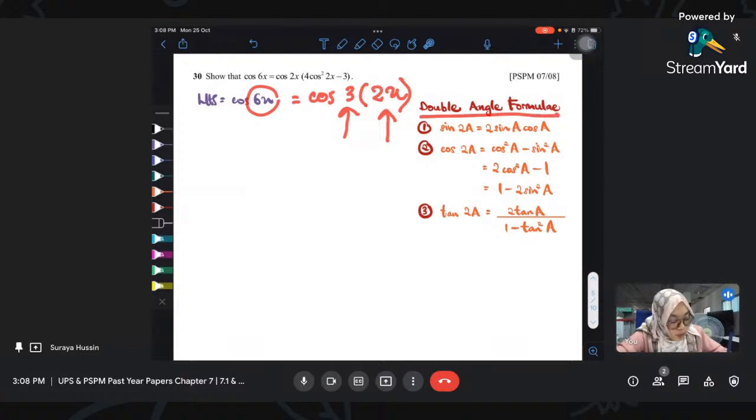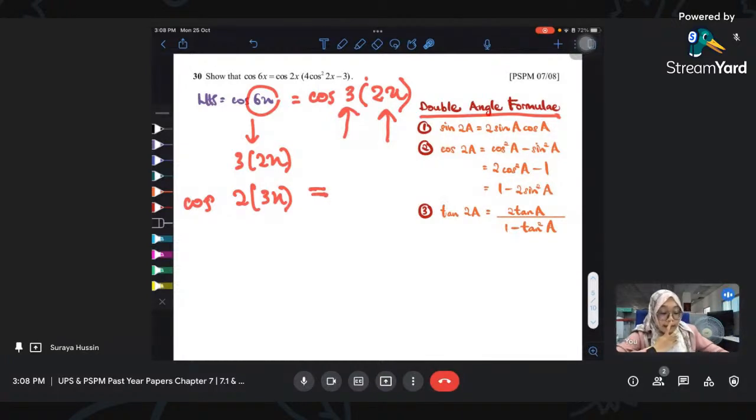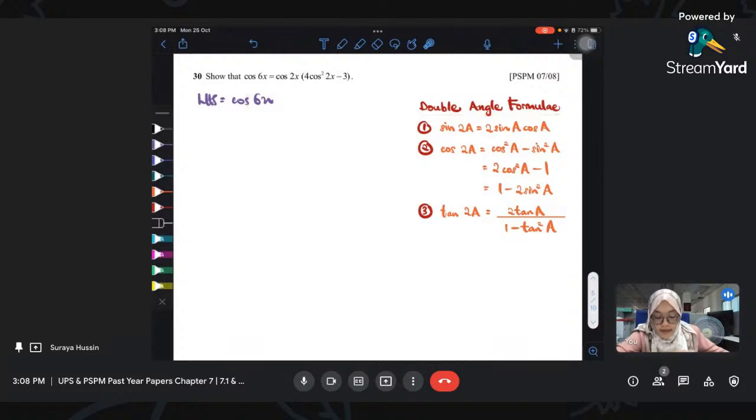Kalau you pecahkan 6x ini menjadi 3 times 2x ataupun 2 times 3x, you write it down. Try to write it down and think whether you can apply double angle. Boleh ke? Boleh? Kalau boleh, teruskan. Tapi di sini Miss mahu ajar teknik lain pula.